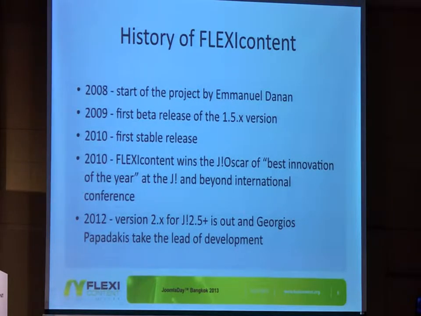And in 2012, we had a new lead developer, a lot better than me, whose name is Georgios Papadakis, and with him and Surya, the developer from Marvelic, they launched the 2.0 version of Flexi Content. Flexi Content is compatible with Joomla 1.5, still 1.5 with the latest version, 2.5, 3.1, and in a couple of days, 3.2 also.